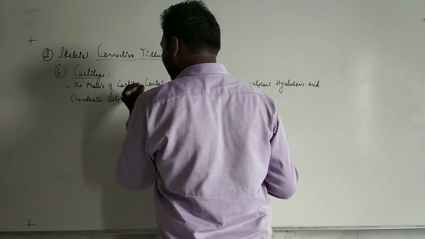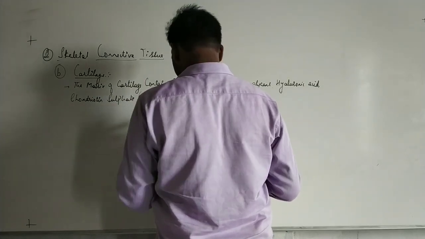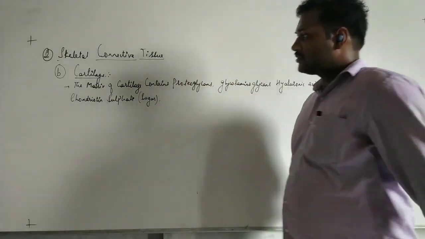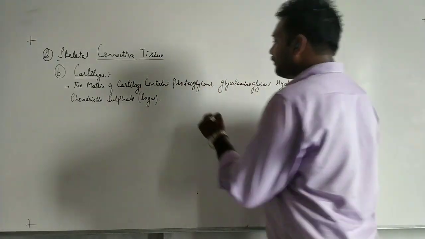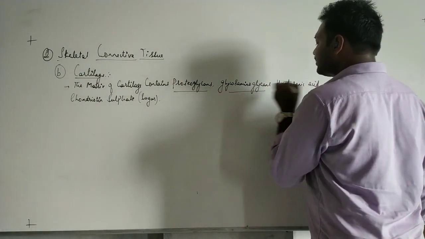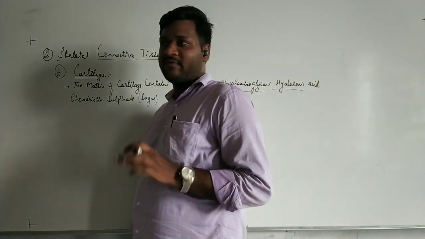We also discussed this in the very beginning. So the matrix of cartilage contains these many components: proteoglycans, glycosaminoglycans, hyaluronic acid, and chondroitin sulfate, which acts as a sugar.